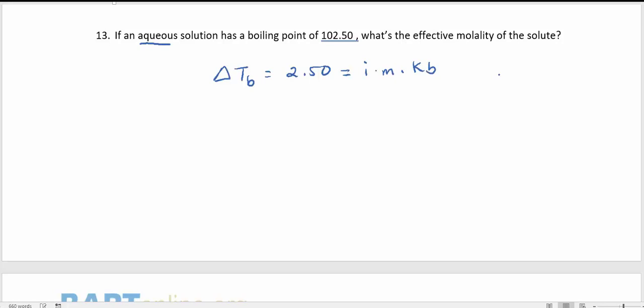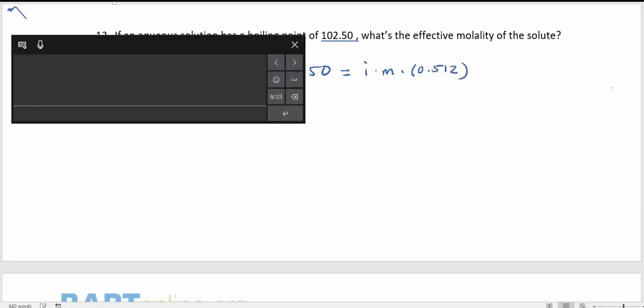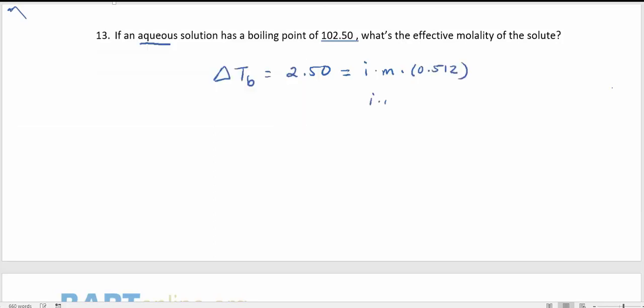Kb has been given in problems above. So that Kb value can be substituted, 0.512. Then you can calculate the i times m. The i times m is the effective molality. So the effective molality here is 4.88 molal units.